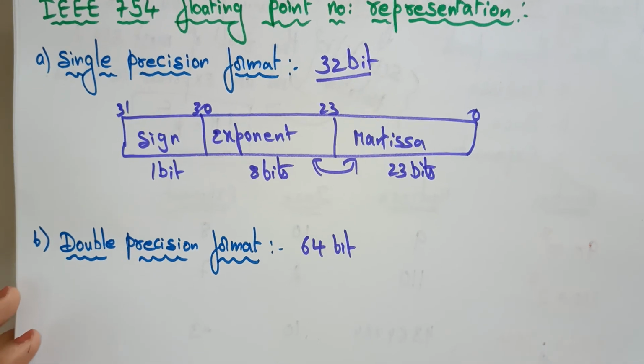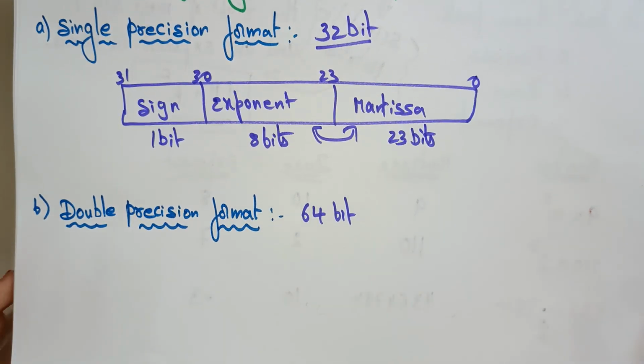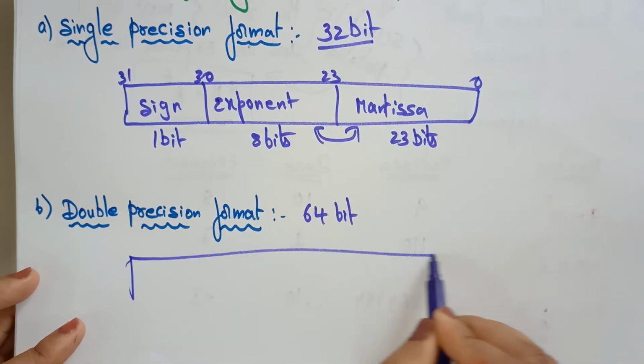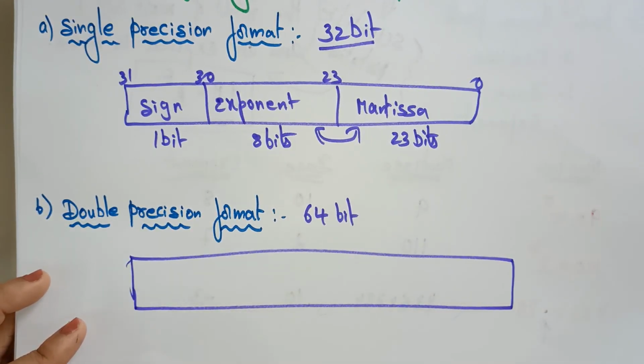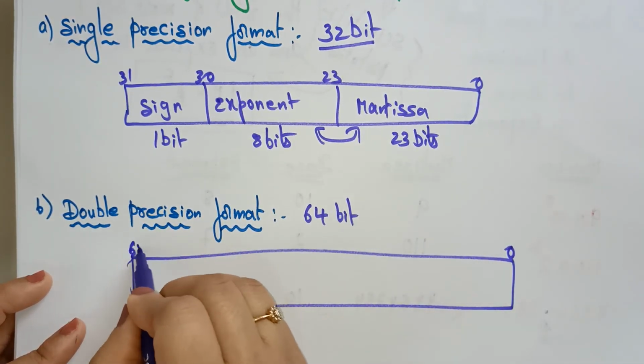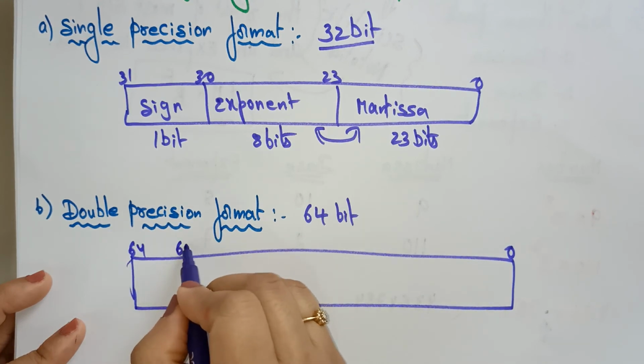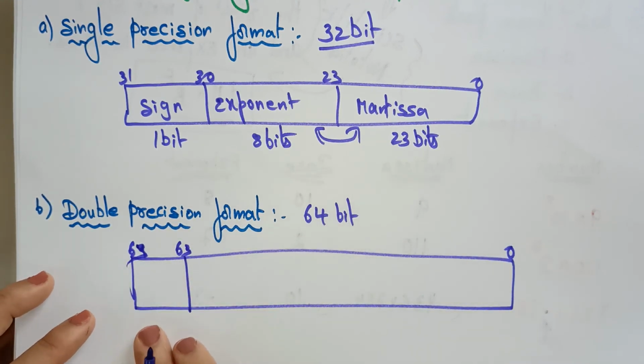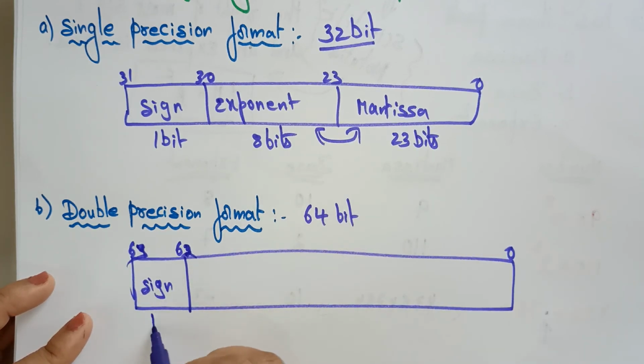Then what about double precision? Same thing, but you need to double it. The size of the double precision format is 64 bits, numbered 0 to 63. Bit 63 is the sign bit, which is 1 bit.